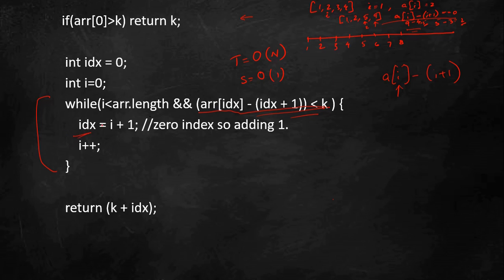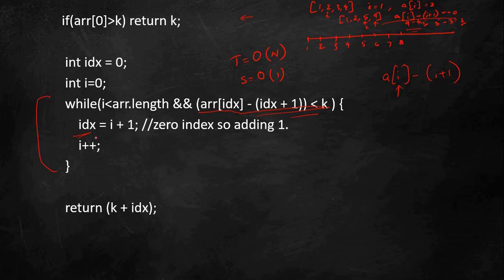We are tracking the latest value of index I in the idx variable, and I'm making sure that I do I plus 1, because I is the 0th index and the array is starting from value 1. So once we come out of the while loop, we'll only come out either when this difference of the missing number is greater than k, or we have gone through all the elements in the array.